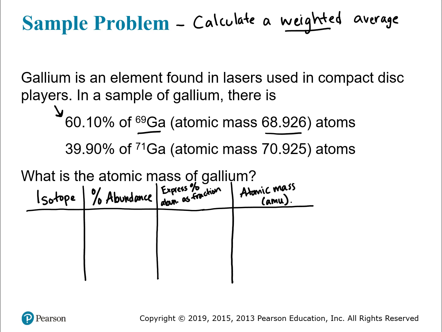We've got two isotopes. Gallium-69, we're told that it's got 60.10% abundance. To express this abundance as a fraction, remember percentages are out of 100. So that's the percent abundance expressed as a fraction. The atomic mass we were given, 68.926, and that's in AMU.